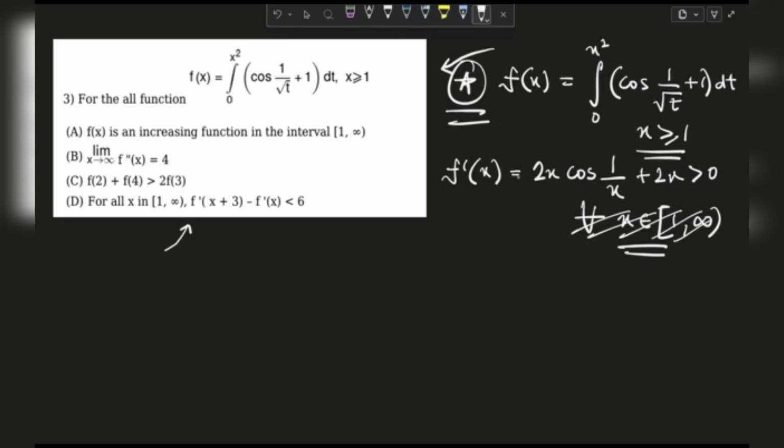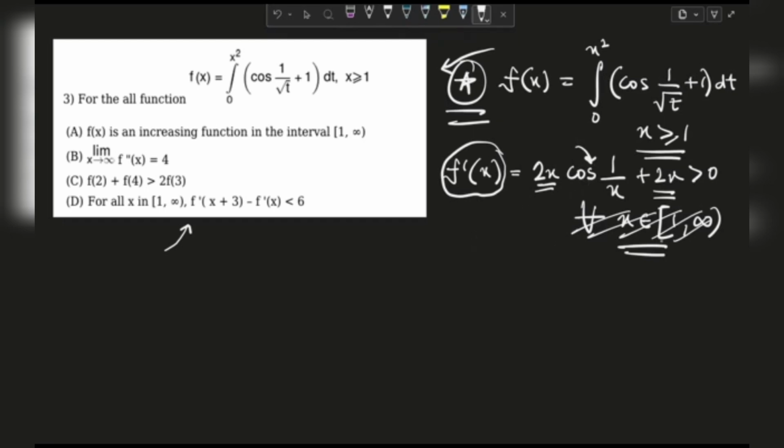So this is our expression, and now we have to find out everything about f dash x. If f dash x is greater than 0, that means in this particular interval our f of x will be increasing. So in 1 to infinity we observe like x is always positive, so this thing is positive, this thing is also positive, and cosine 1 by x, I guess it's nowhere negative.